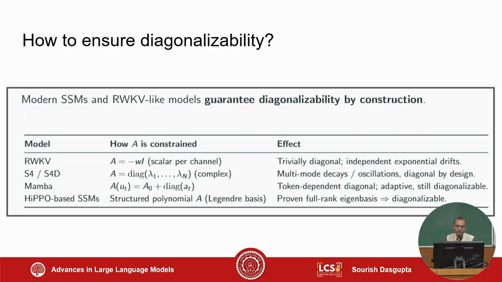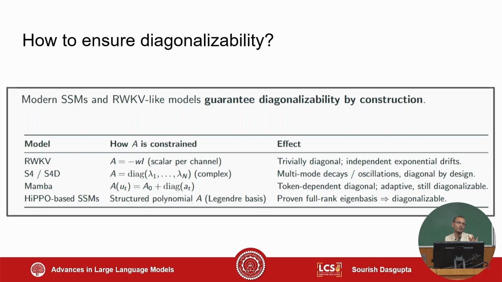Rakov, interestingly, is a very trivial form of A. It's that minus W, which you saw, multiplied by an identity matrix, which makes it minus W only. So there is no drift or nothing, because it's an identity matrix, right? So it just stays where it is.